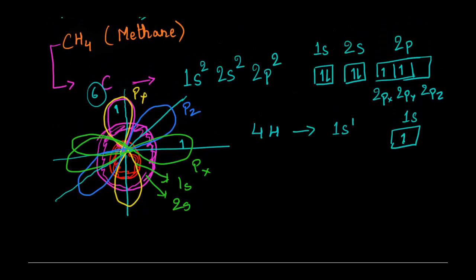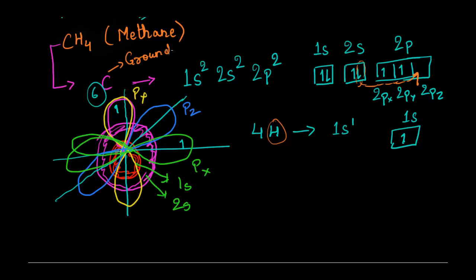Whenever carbon tries to bond with these hydrogens, this particular electron gets excited and goes into the 2p orbital. This was my ground state of carbon.